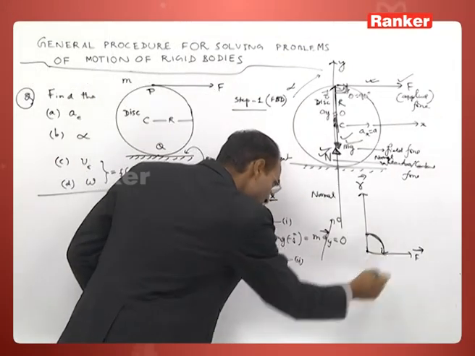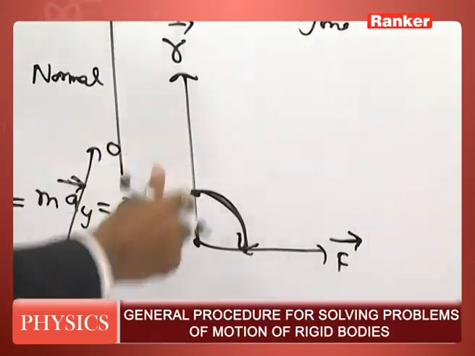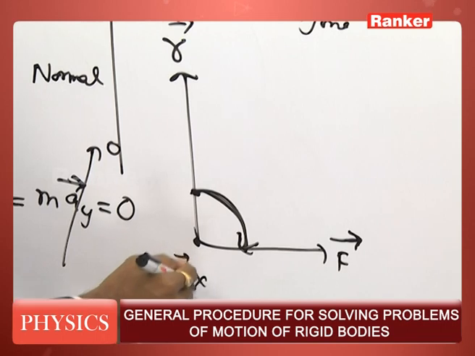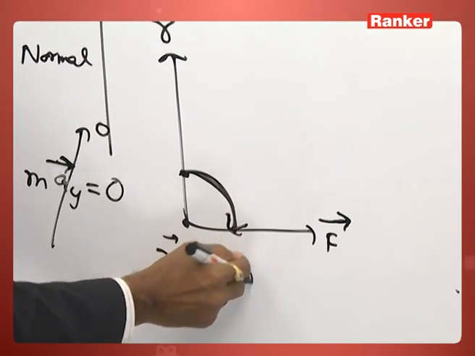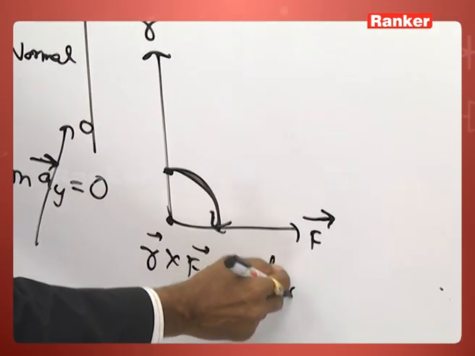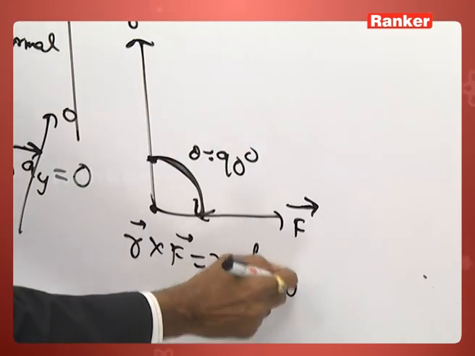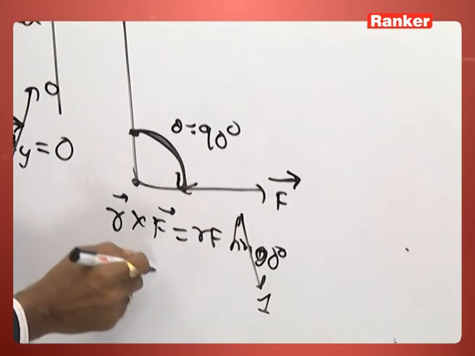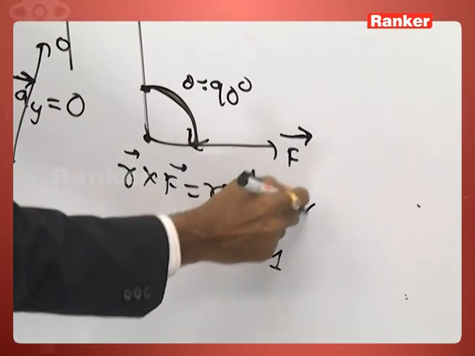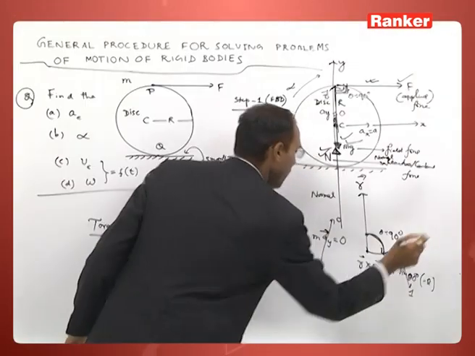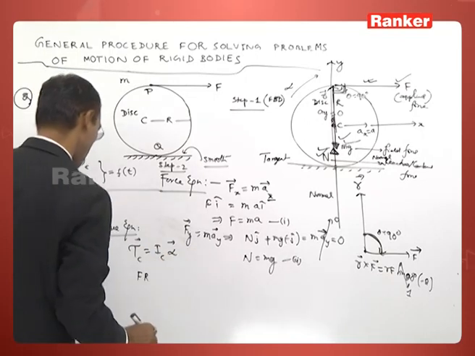The angle is moving in clockwise sense. Therefore, R cross F is equal to RF sin theta. Theta is equal to 90 degrees, and sin 90 degrees is equal to 1, and the direction is inward, or in negative z direction.